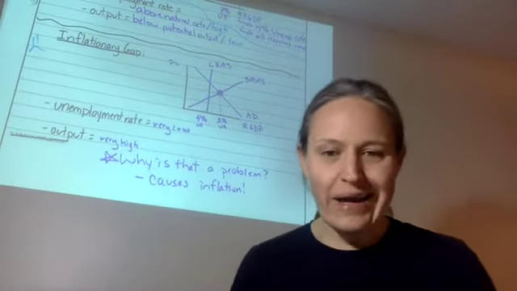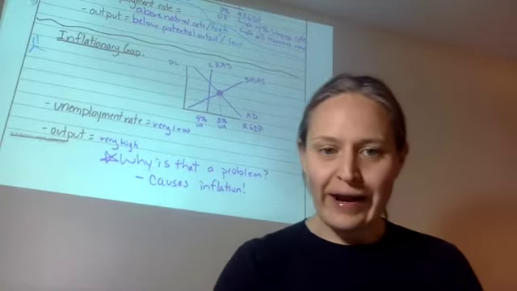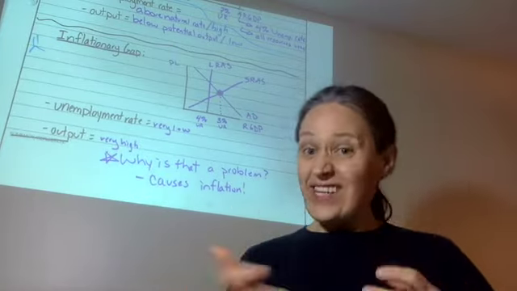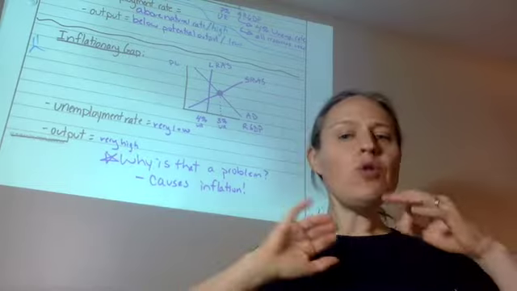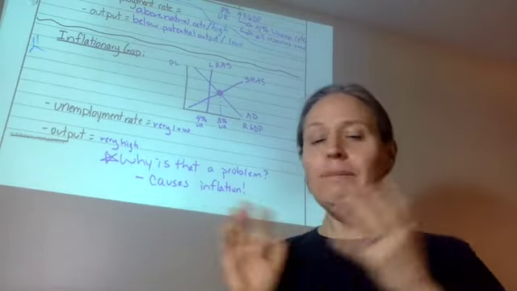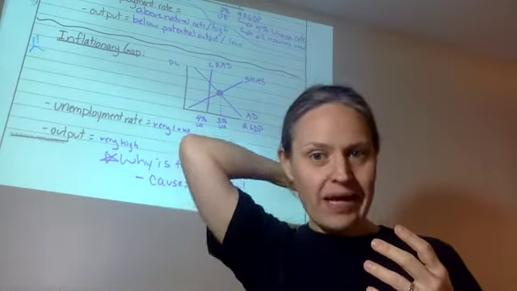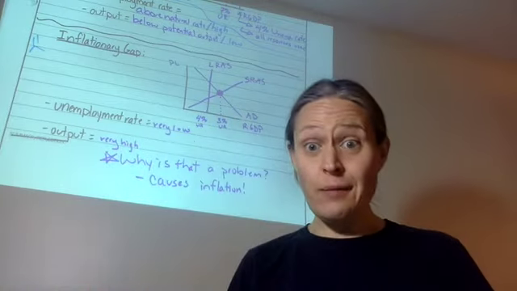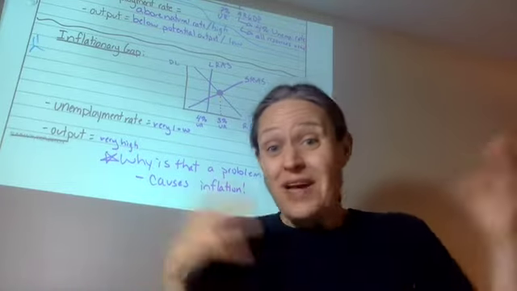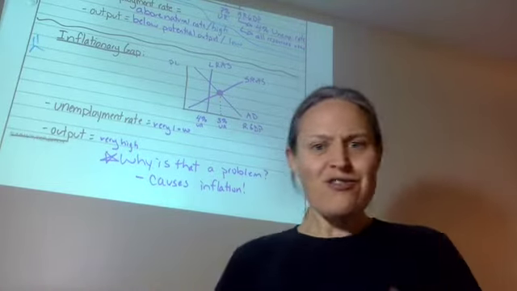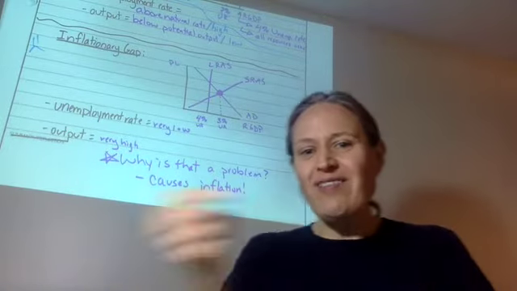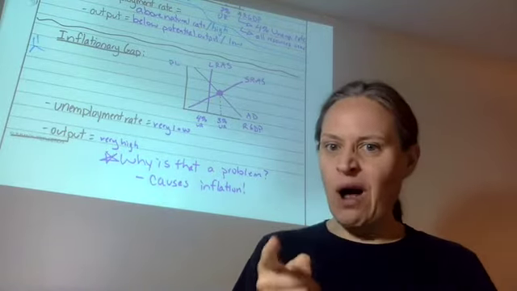And here's why. It's kind of like a little story that I have to tell to explain why. So in an inflationary gap, the unemployment rate is super duper low. And any business that wants to hire somebody, and by the way, they do want to hire people because people are buying so much of their stuff, they want to hire more people to make more stuff and then make more money, right? So life is great, but a business in an inflationary gap who wants to hire somebody has a big problem.